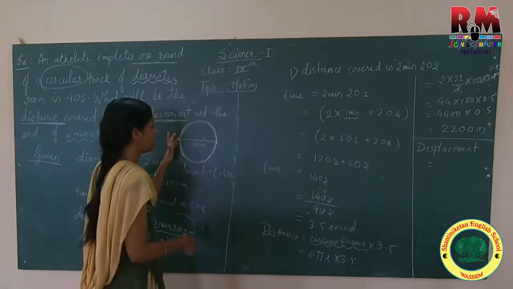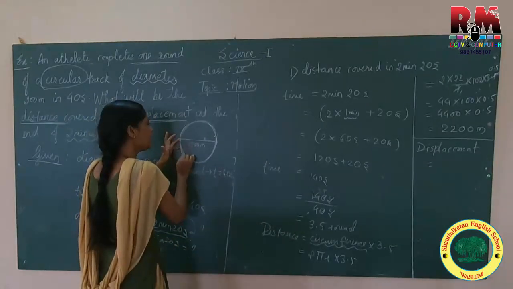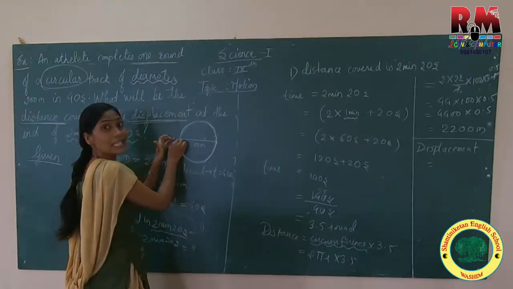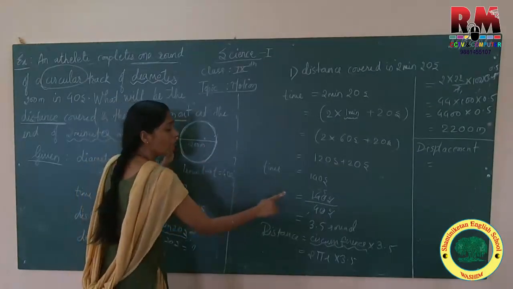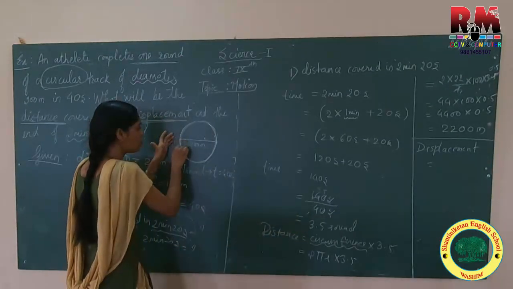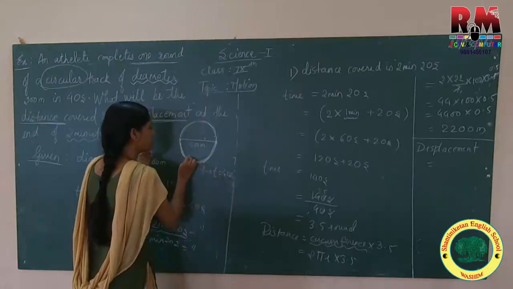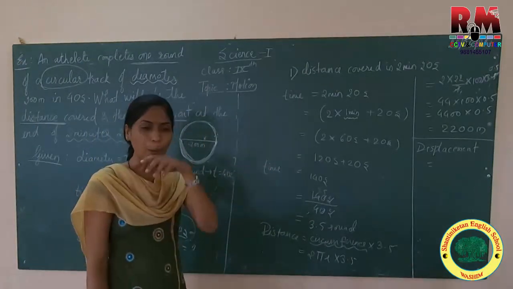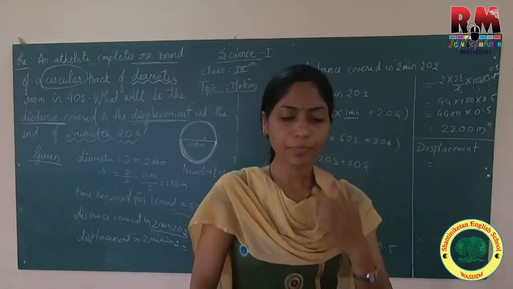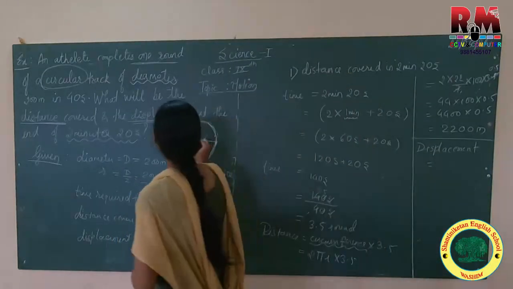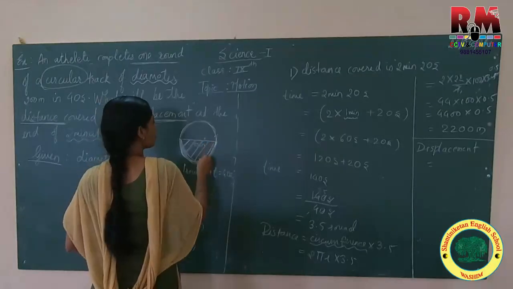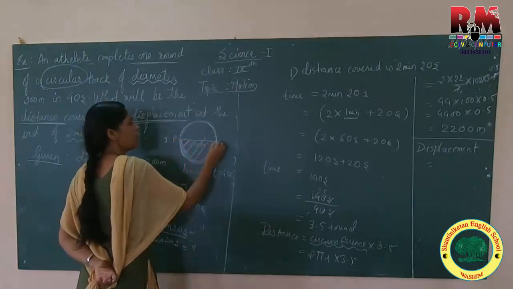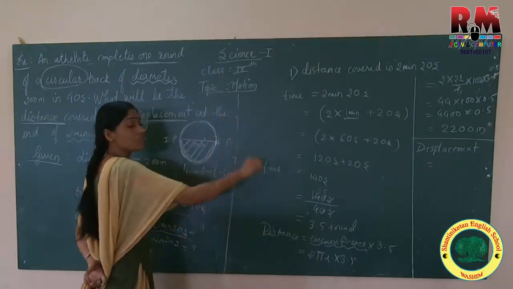In the third round again the initial and final position are the same. But for the half round, how much will it complete? Only this much portion. So this will be the initial position and this will be the final position.